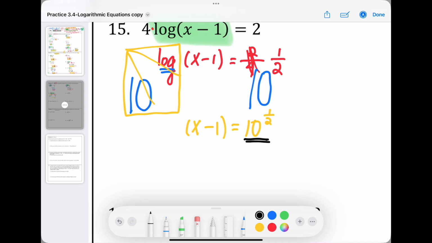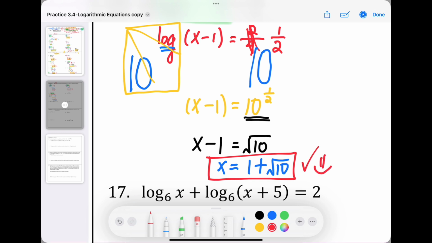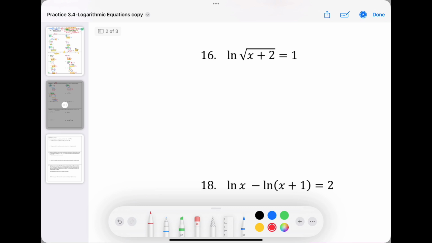Then you can say, you know what, I can rewrite 10 to the 1/2 as square root 10. Why not? So now I'm going to solve for x. Both sides I need to do what? Plus 1. So my x is equal to 1 plus square root 10. Believe in yourself. You are correct. That is perfect. And no need for a calculator.